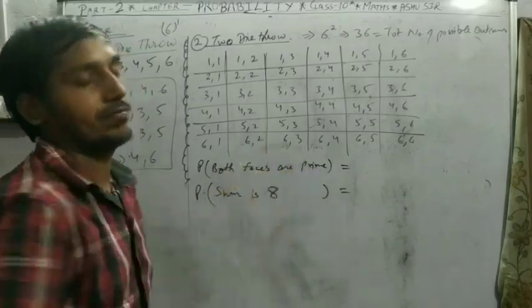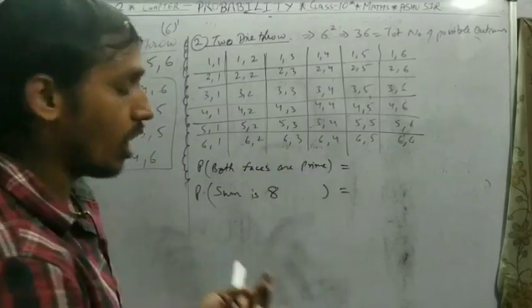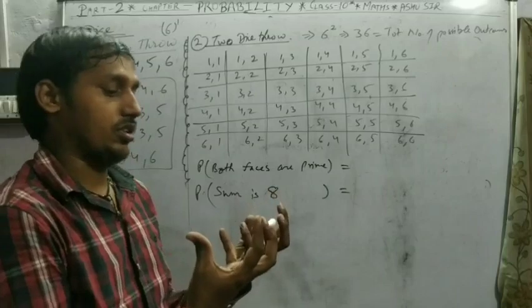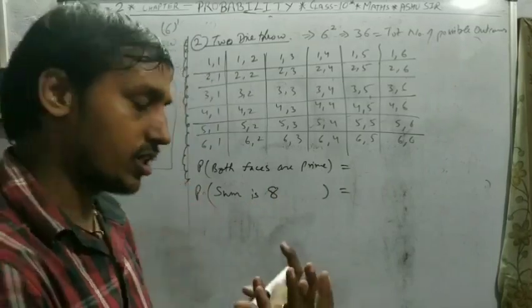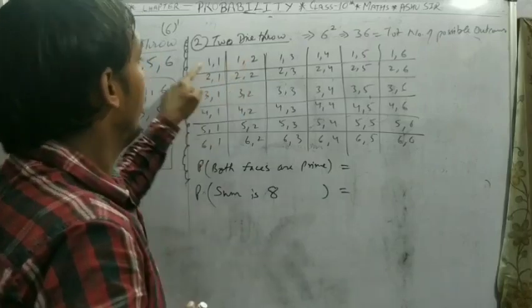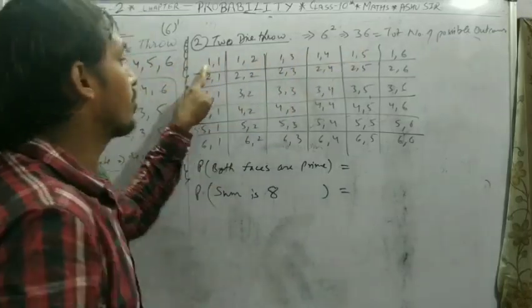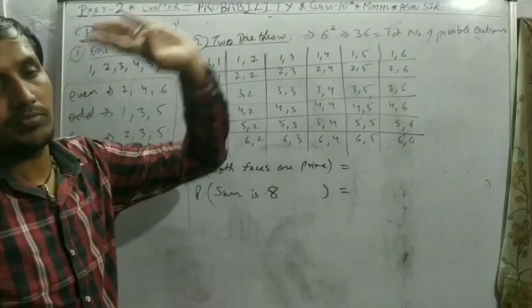Both faces are prime. Means when you throw 2 dice, look at the coming outcomes. In the first line, 1 is not prime, so none are both prime.